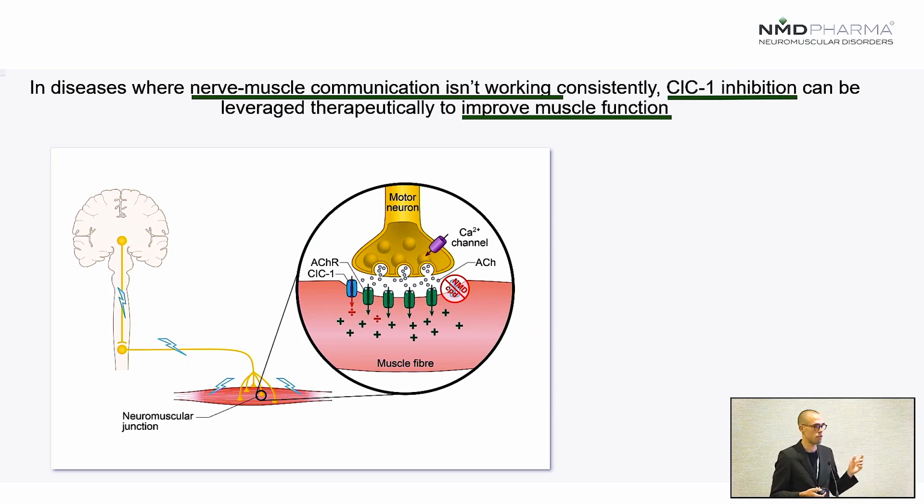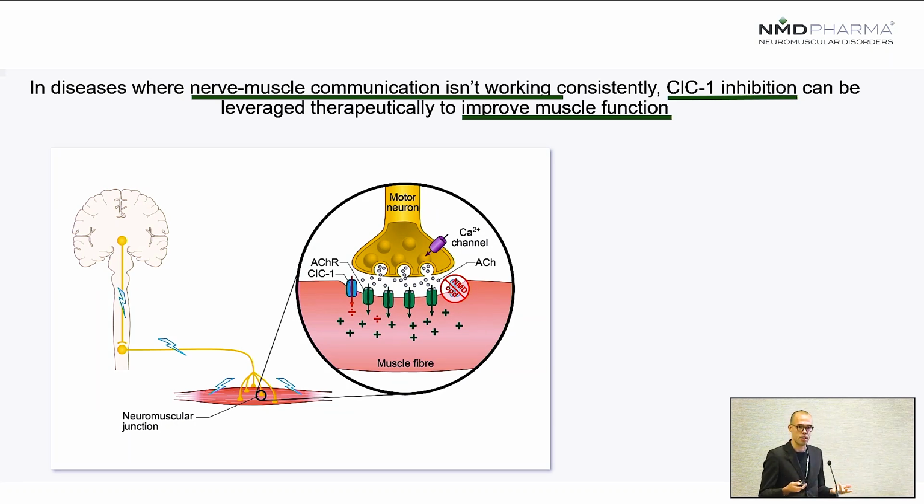This is where nerve signals are transmitted to the muscles. When the nerve signal reaches the nerve terminals, you have release of a transmitter substance called acetylcholine. Acetylcholine binds to receptors on the muscle side, and that causes positively charged ions to flow into the muscle, which eventually leads to muscle contraction.